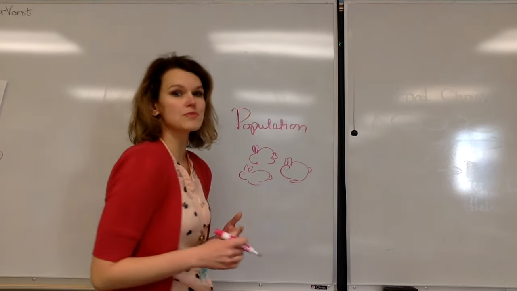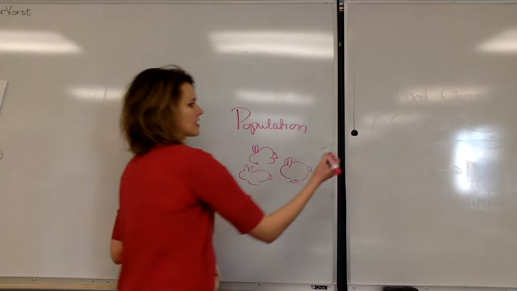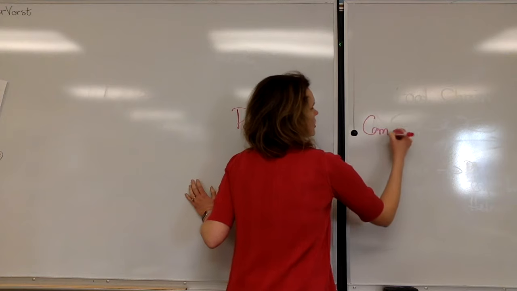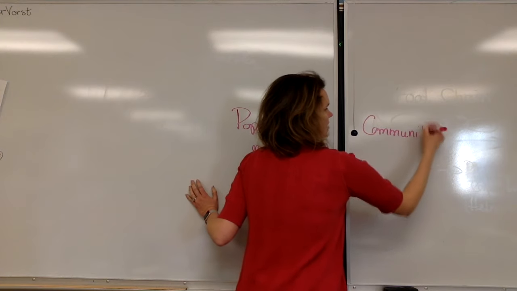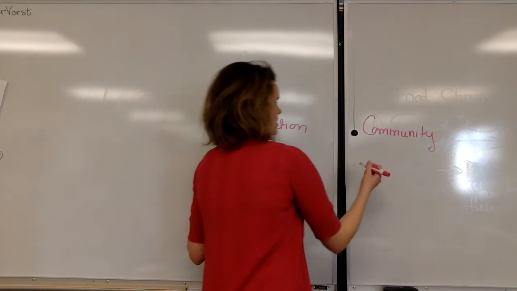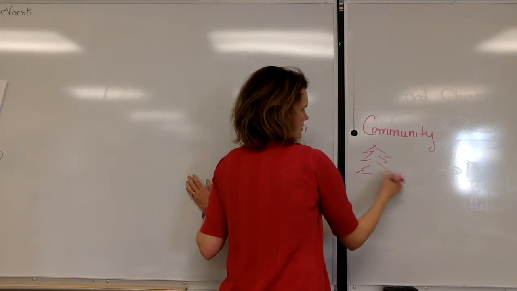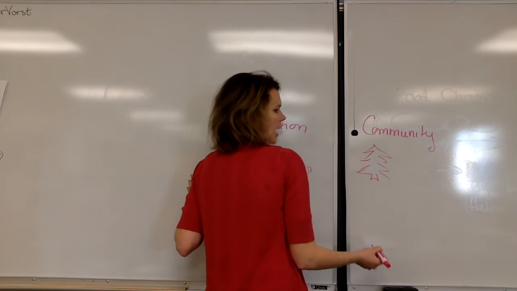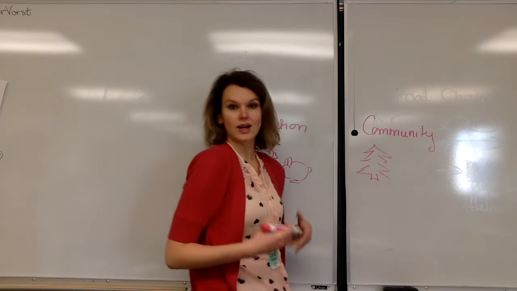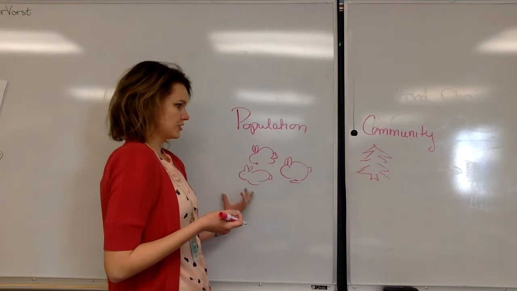We do have a term that means all of the organisms in all the different species in our area, and that is a community. So community is not just the bunny species that's in this area, it's the trees. Maybe that's a species of living thing. Maybe it's a wolf or a coyote or the grass. These are all different things.